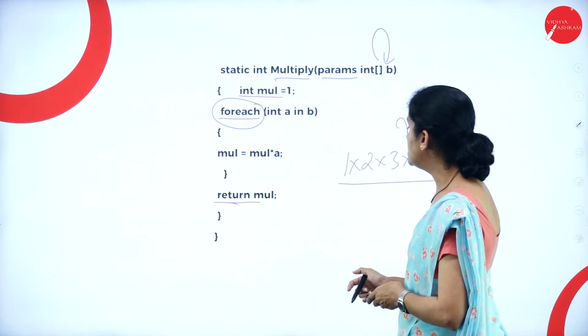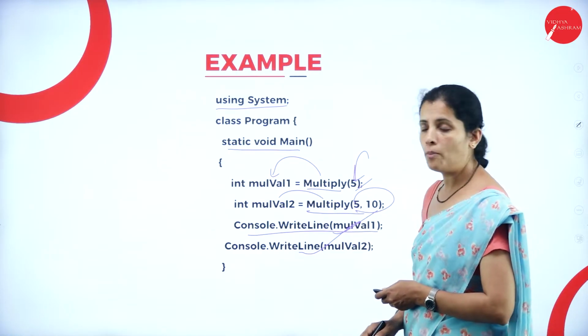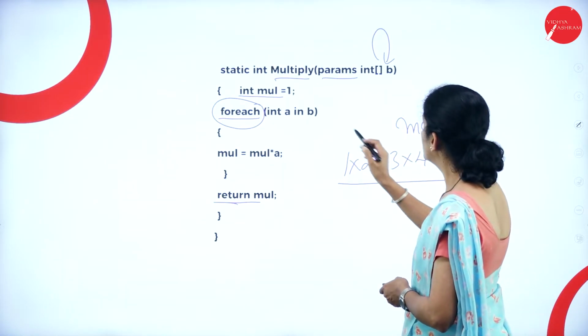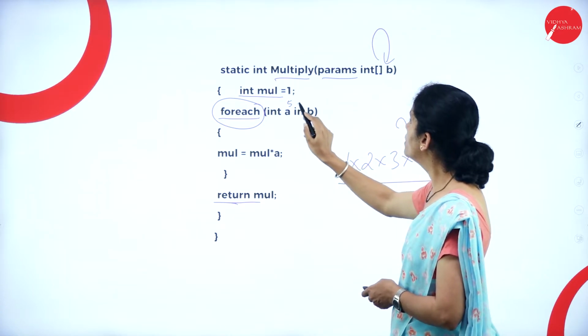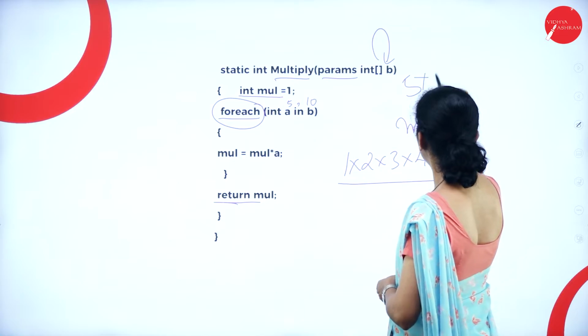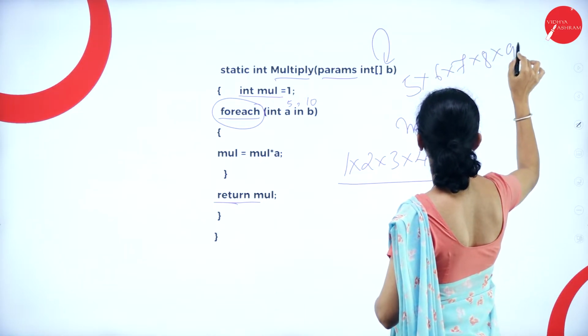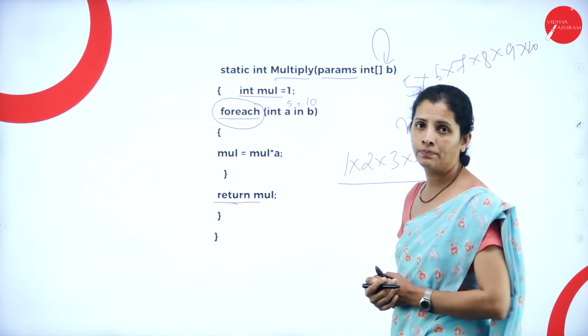Now, if I consider the second call, that is 5, 10. So here 5 to 10, so it is 5 into 6 into 7 into 8 into 9 into 10.